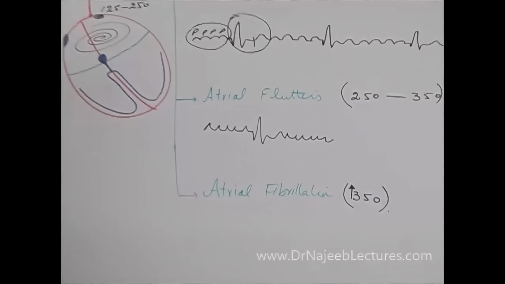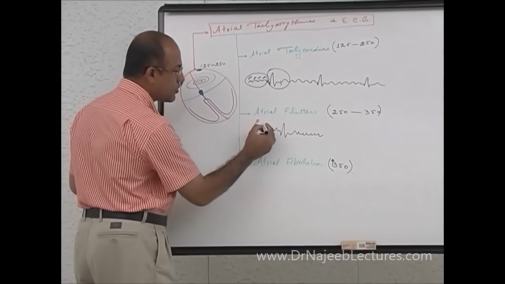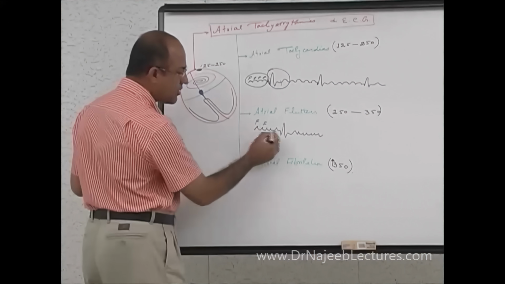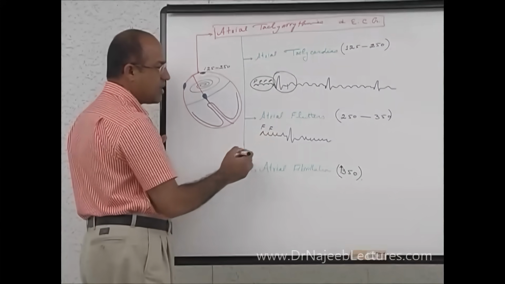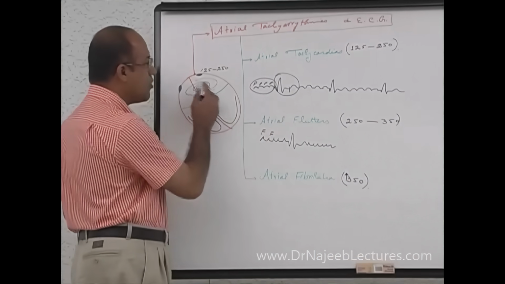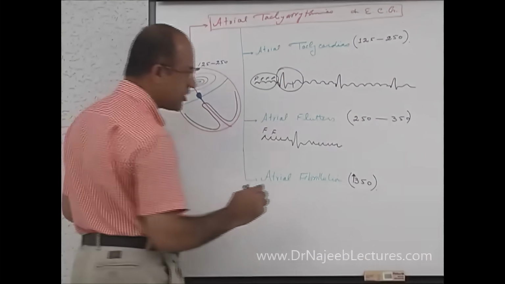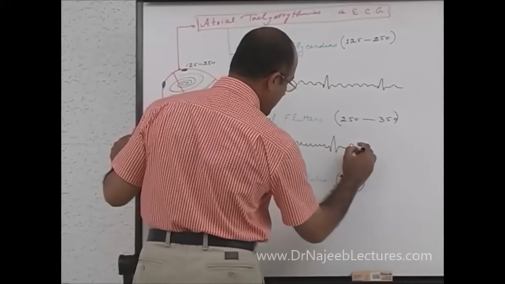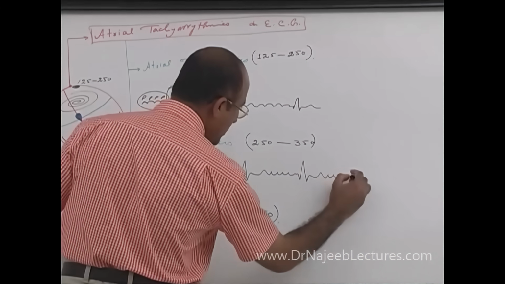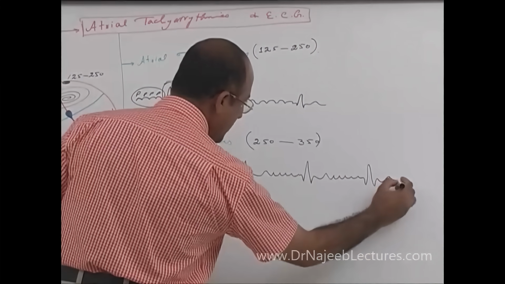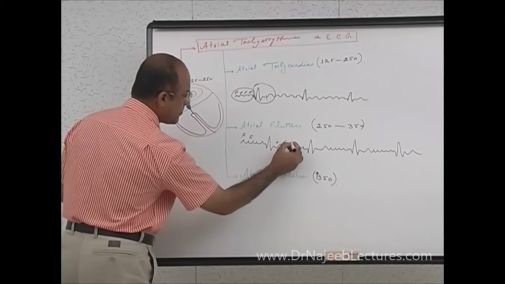They should not really be called P waves, they are actually called flutter waves, so we call them F waves. Flutter waves are a sawtooth-shaped pattern drawn by the very rapid depolarizations present in the atrial tissue. And then again this is followed by QRST. So these are flutter waves.